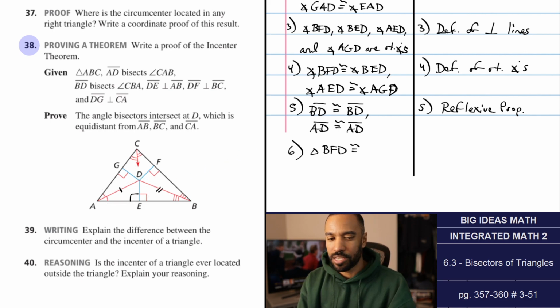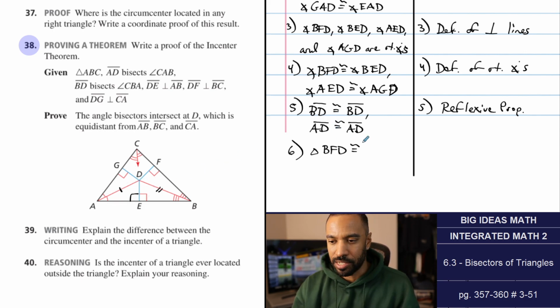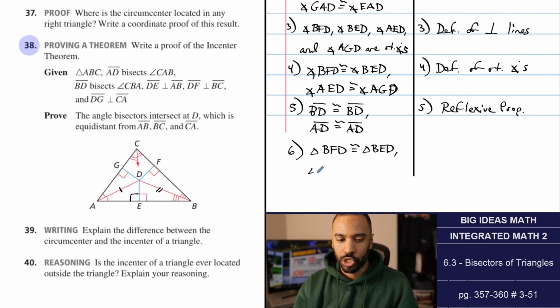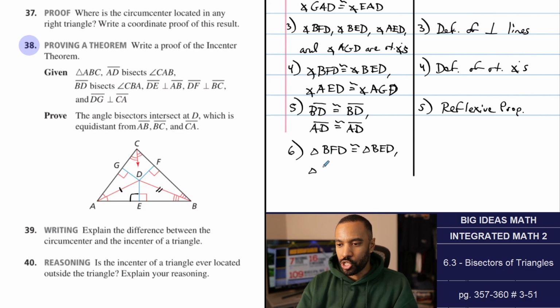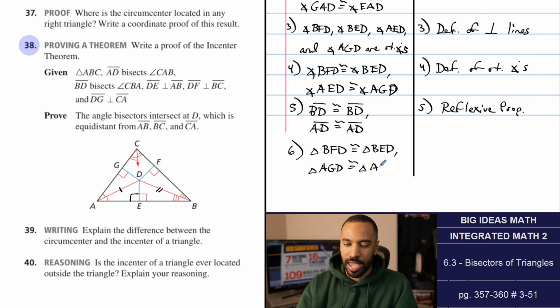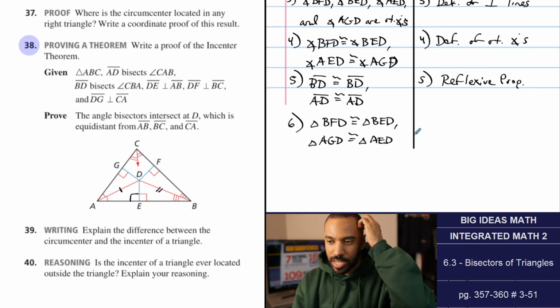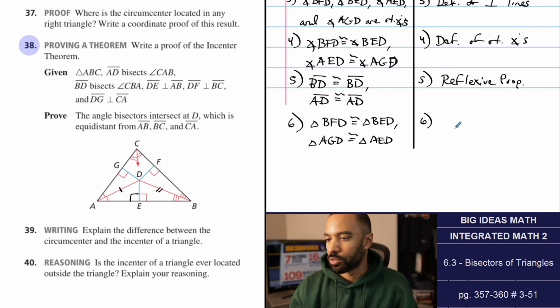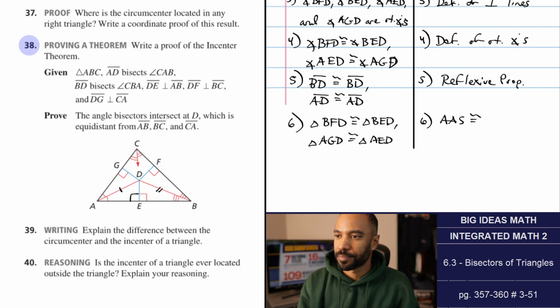So BFD is congruent to BED, those would correspond. And then triangle AGD is congruent to triangle AED. These are both by angle side. Doesn't matter that they're right triangles, just the angle side, like that.